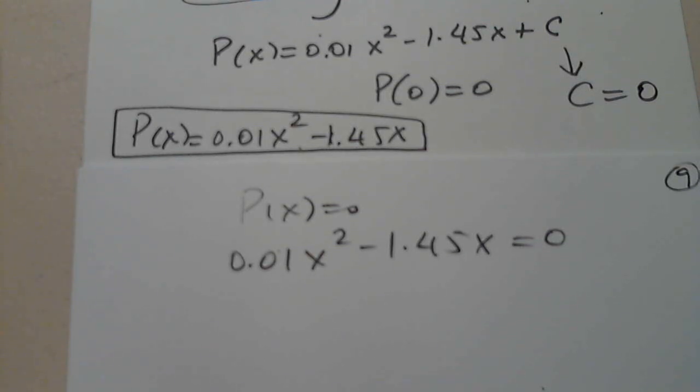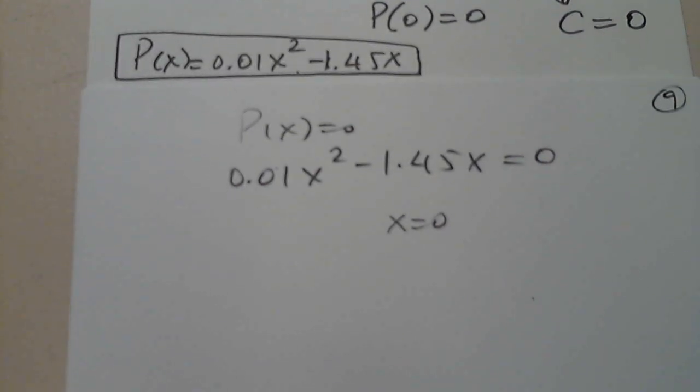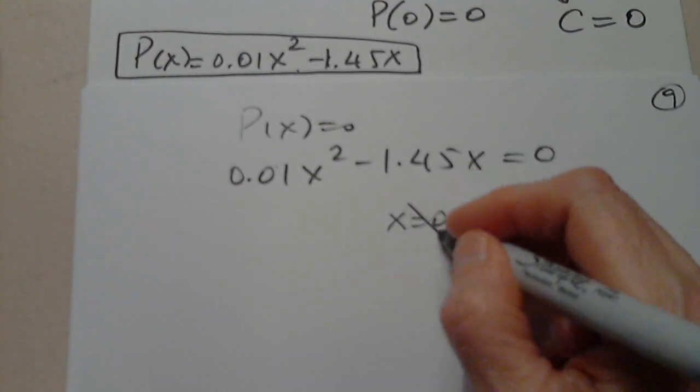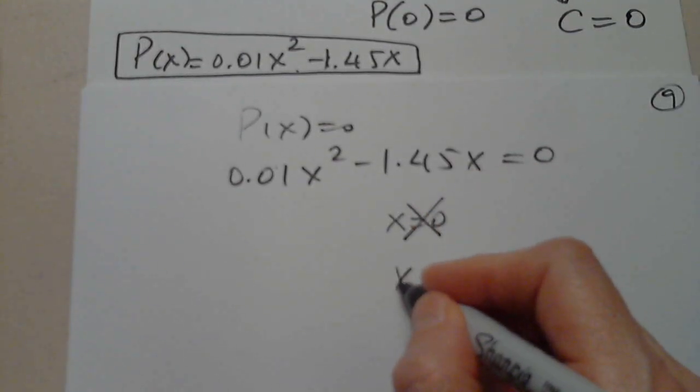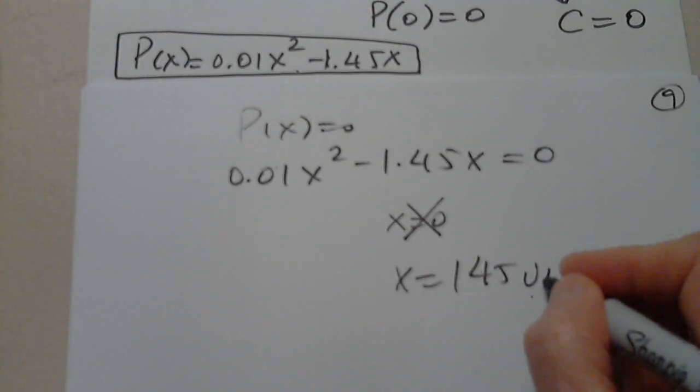So minus 1.45, and don't forget to put 0 as the free term. One solution is x equals 0. But when we're manufacturing 0, we have no profit, no revenue, nothing. So this is not possible. The other one is x equals 145 units.